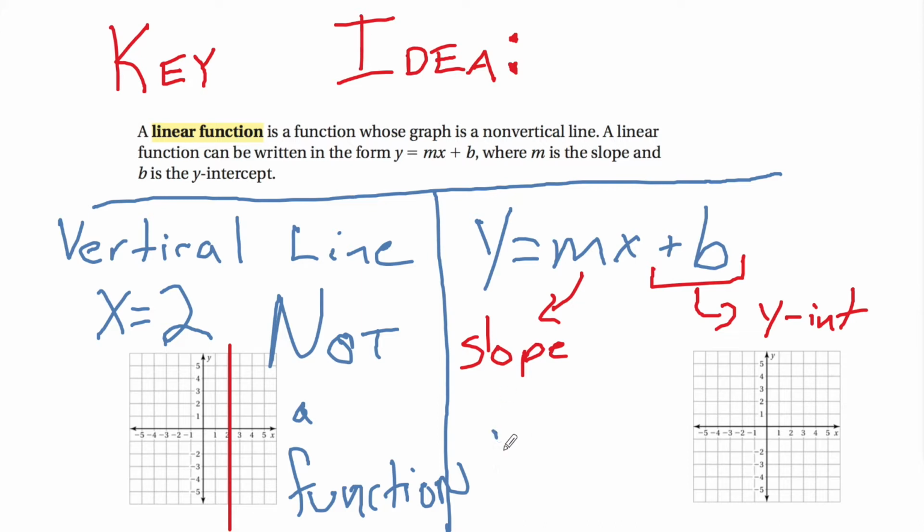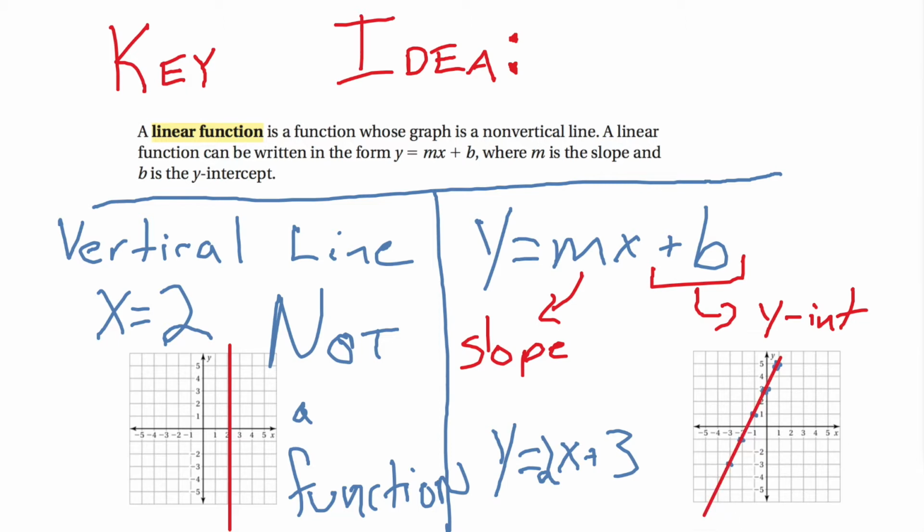Let's just use the line y equals 2x plus 3. That gives us the y-intercept at 3. We go up 2 over 1. We can go the other way as well, down to -1. And then we connect our points. Use the line tool.